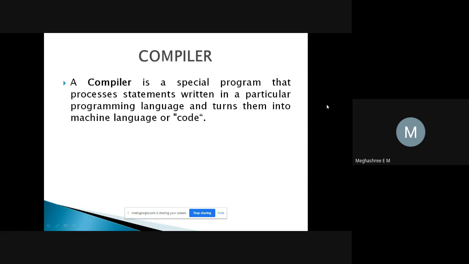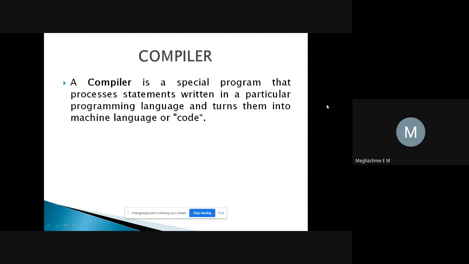This is a compiler. And as I said, a compiler is also a system software, right? So in the syllabus, you got to study how a compiler compiles the program. That means how the compiler converts a program which is written in higher level language to low level machine code.